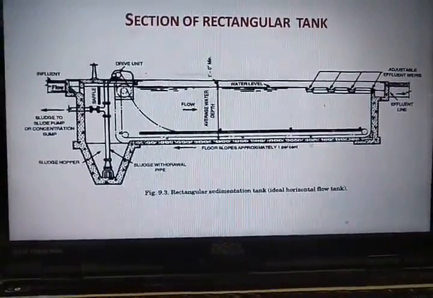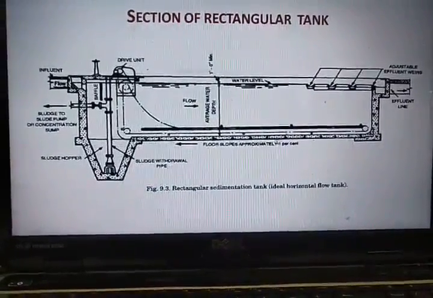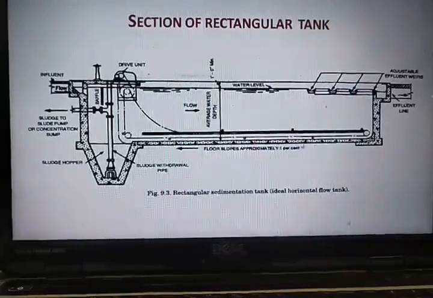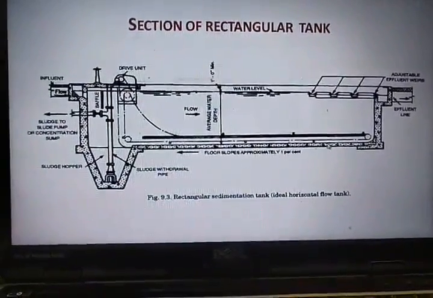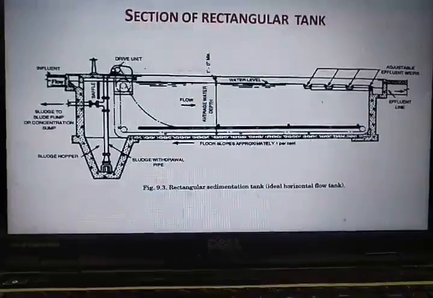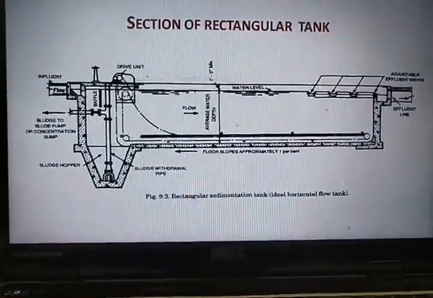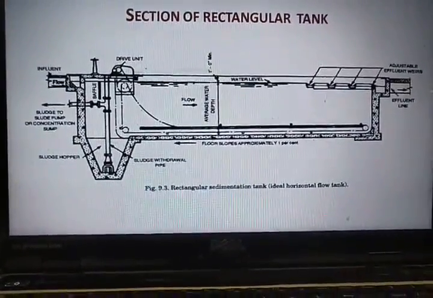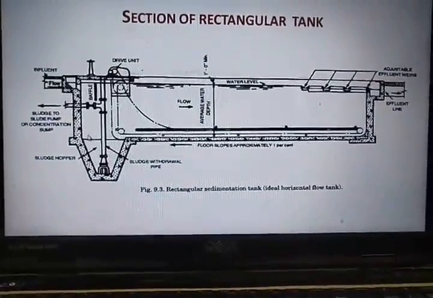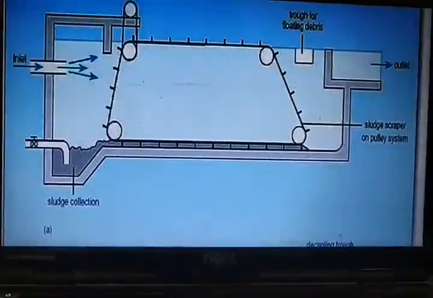Usually there will be a slope of 1% given at the bottom of the sedimentation tanks, either rectangular or circular, based on the design. This slope is provided for the obvious reason that the sludge should collect in the settling zone easily. This scraper will scrape all the settled sludge and bring it into this chamber so that it can be pumped out easily. So this is the section of a rectangular sedimentation tank.